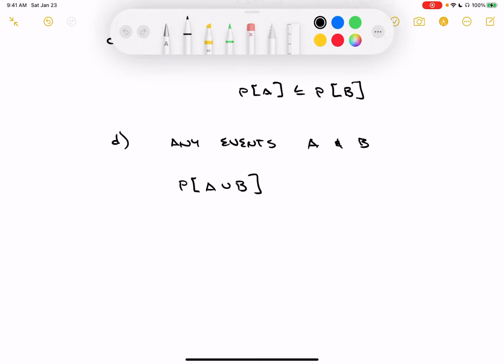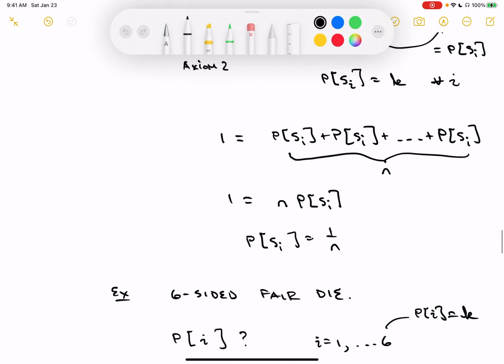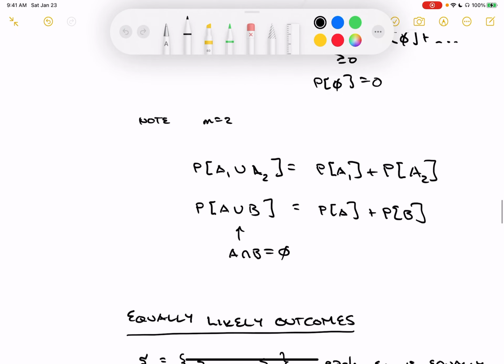Now, you might look at this and say, okay, that looks a lot like what we had seen before when we worked our way down to just a case of two things, right? We looked at the probability of A union B as being A and B individual probabilities added together. But it had a requirement there, right? It had a requirement that A was mutually exclusive from B for me to just get the simple sum of those two.